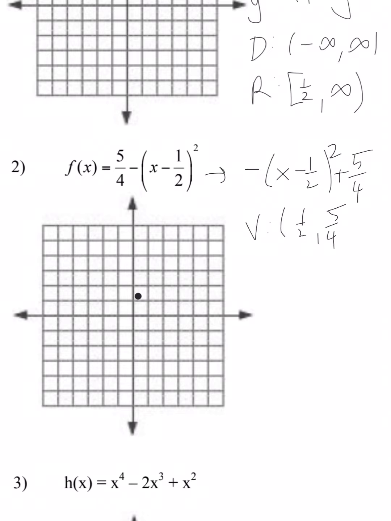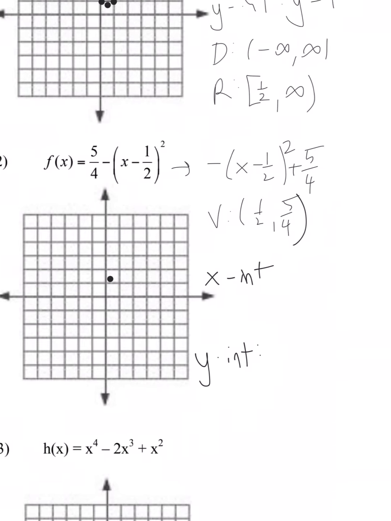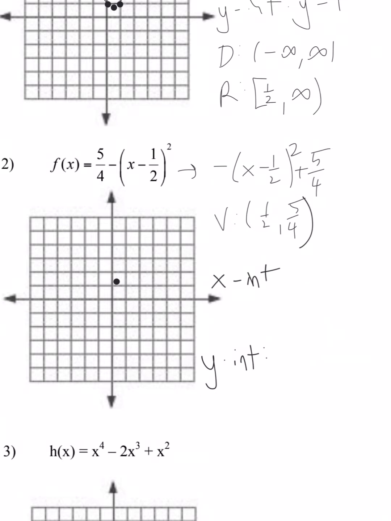Now I want to get my x-intercepts and my y-intercepts. To get my y-intercept, it tends to be a little bit easier than my x in this case, so I'm going to do my y-intercept first. We know this is going to open down, so we know it's definitely going to have x-intercepts. So for my y-intercept, I'm going to plug 0 in for x into the function.